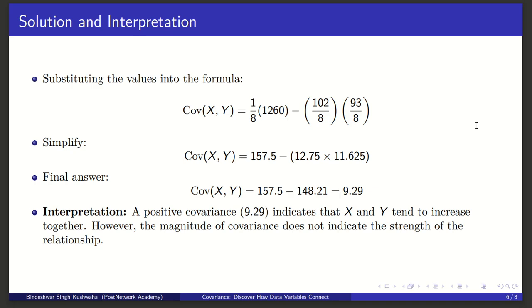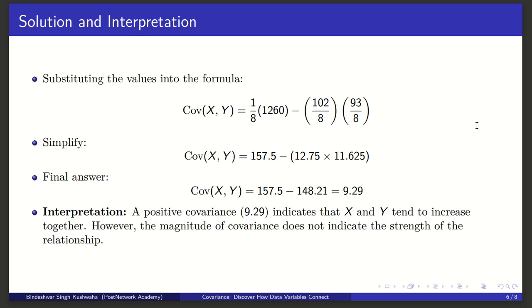For this we will learn correlation in upcoming videos, where we can get direction as well as strength, or you can say magnitude. Covariance only measures direction. Positive means both variables' values are increasing or decreasing together, and negative means one is increasing while the other is decreasing.